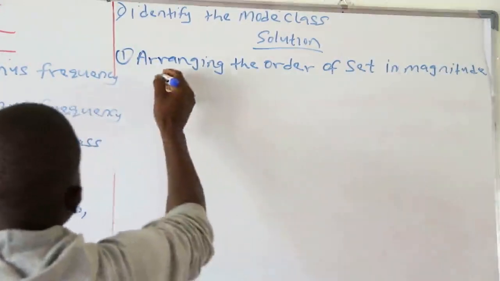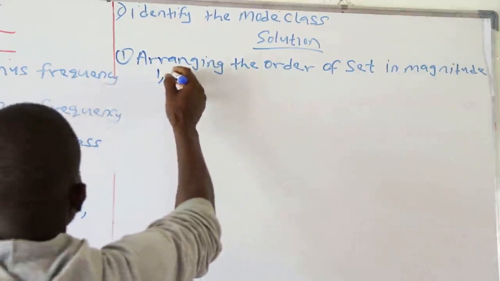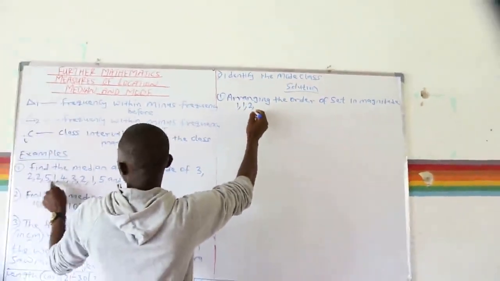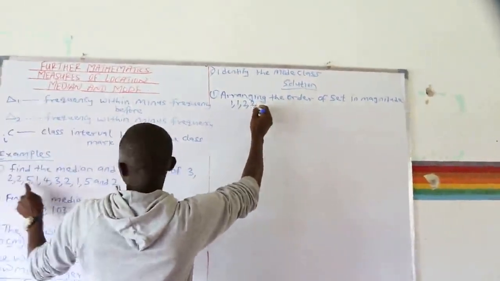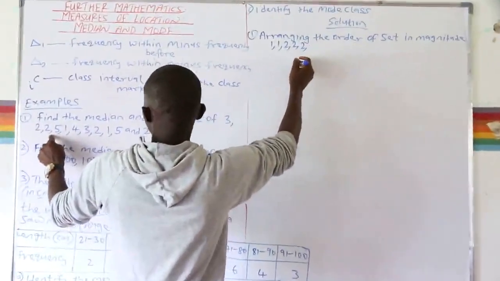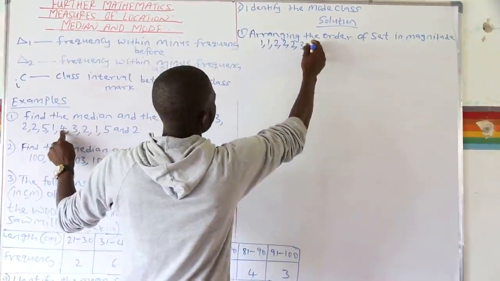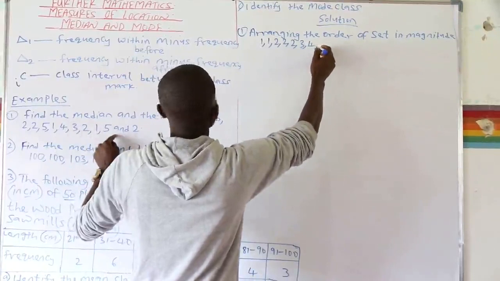1 and 1. So that's 1, comma, 1, comma, then 2, comma. We can see another 2, and another 2 here. After 2, we can see 3, 3, we can see 4, and we can see 5 in two places.